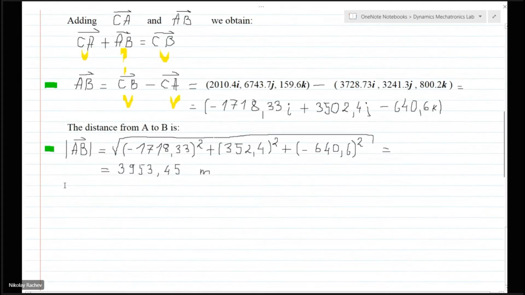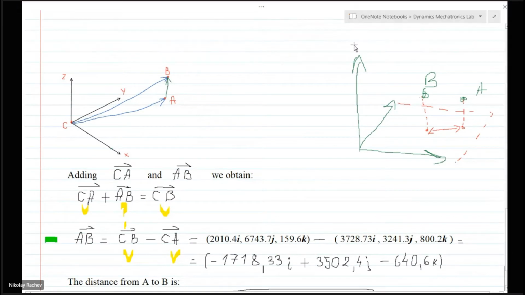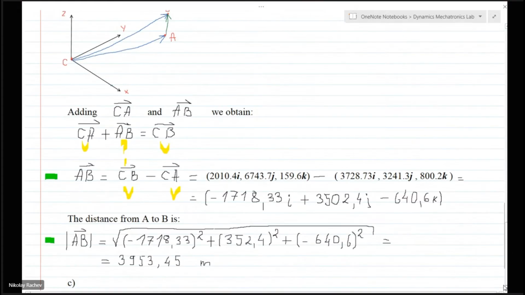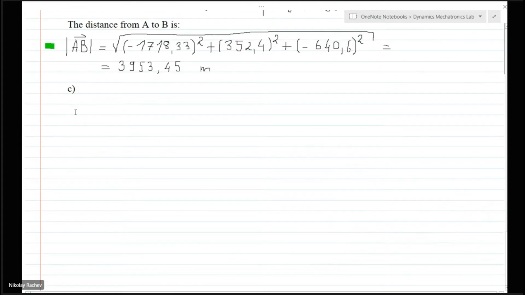I will write C here. Actually, I'll make a little copy of that one here and use it for our further calculations. Actually, it is only one calculation left to be solved.